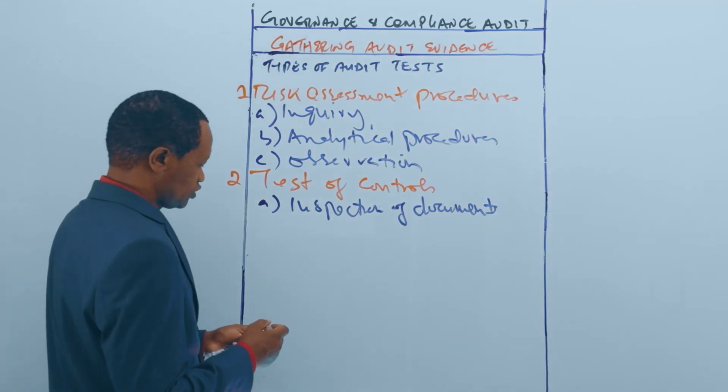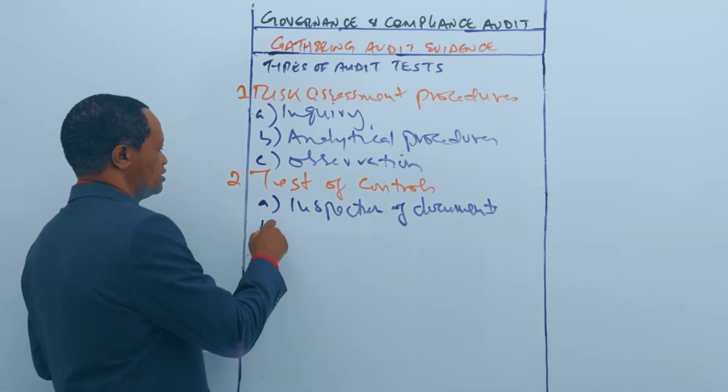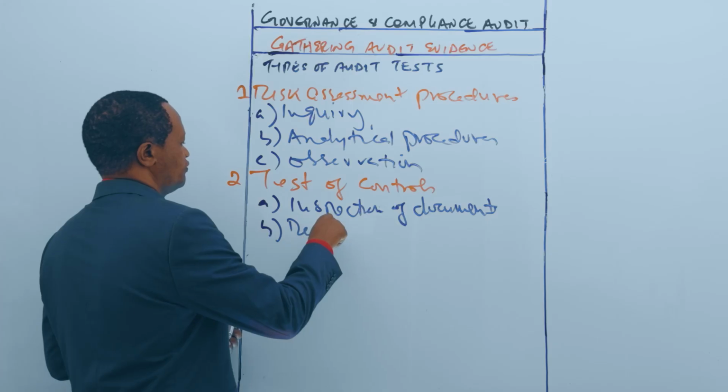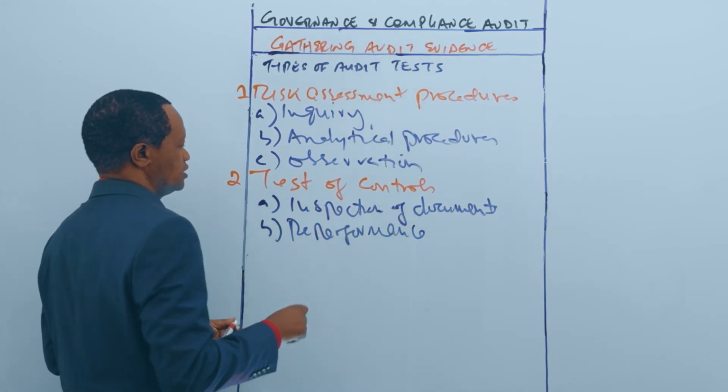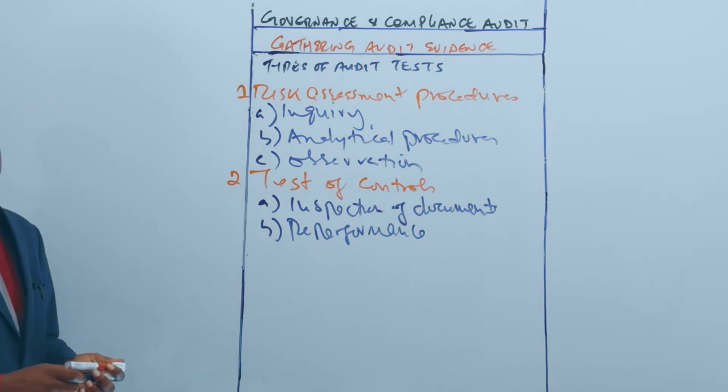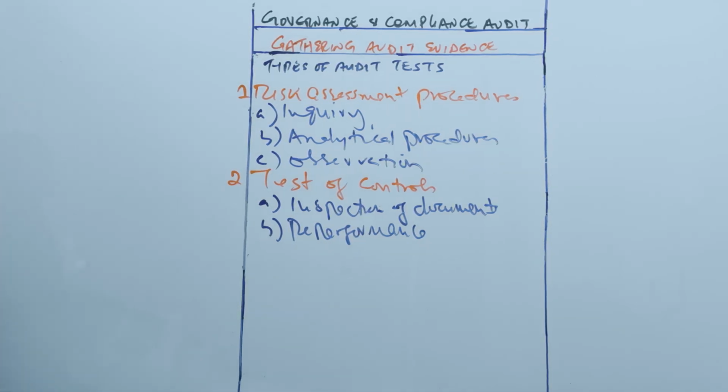You can also test controls by reperformance. The auditor independently executes the control.